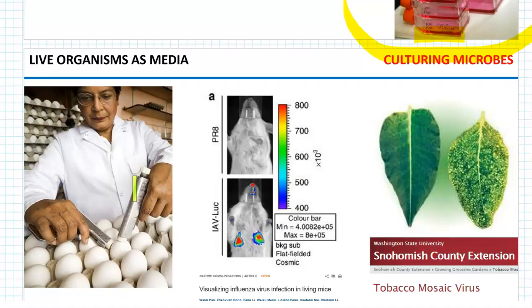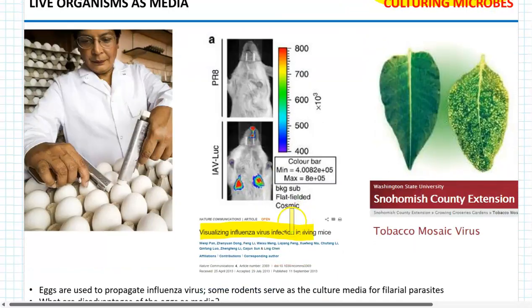There are some organisms actually that use animals, okay? You obviously can grow viruses, but you can also grow viruses in cells. You don't need animals for that. But there are some exceptions. For example, Trichinella spiralis. Any hunters here? Ever heard about Trichinella? Yeah?